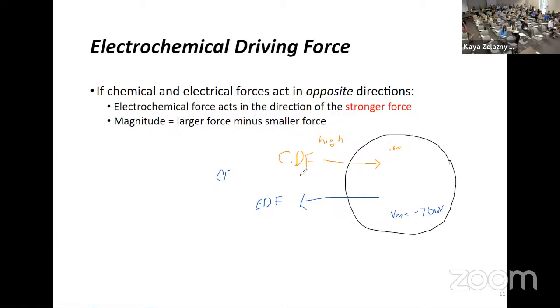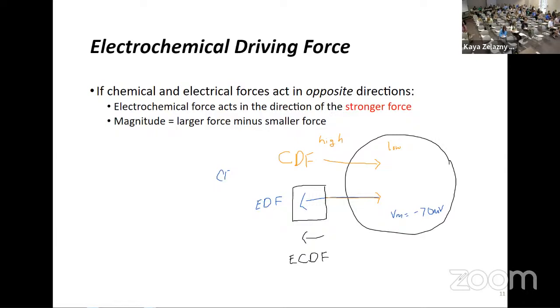So we would take in here the EDF minus the CDF. So if we overlay them, put our CDF here, we'd end up with a little bit of the EDF left. Right, just that little bit. So we'd end up with a very small electrochemical driving force pointing out in this example as I drew it.